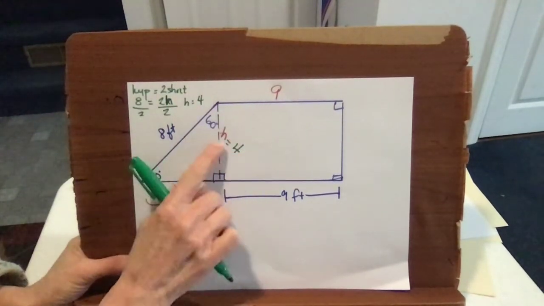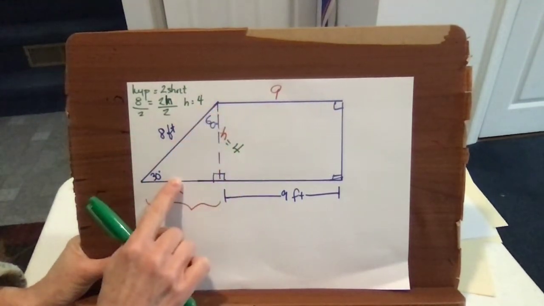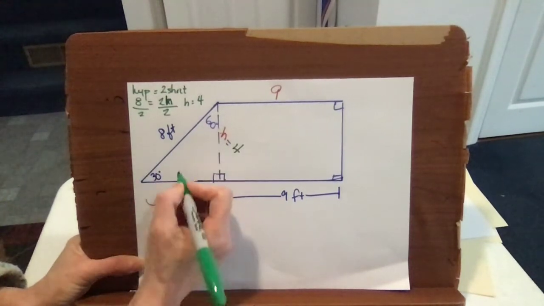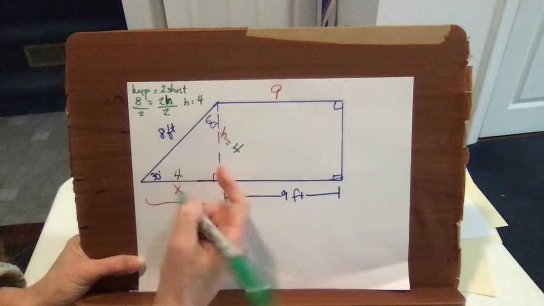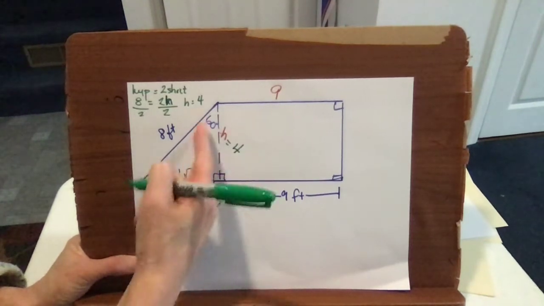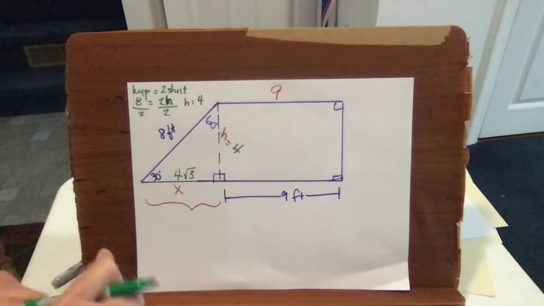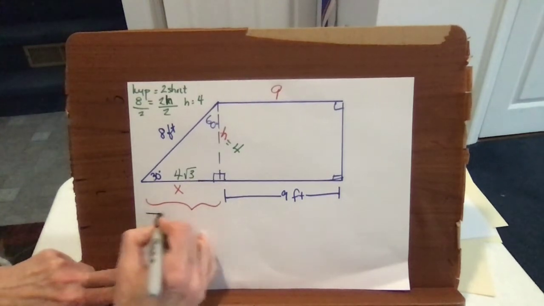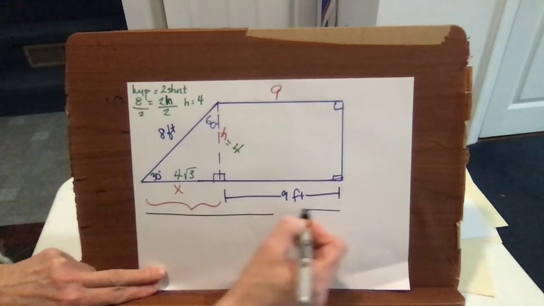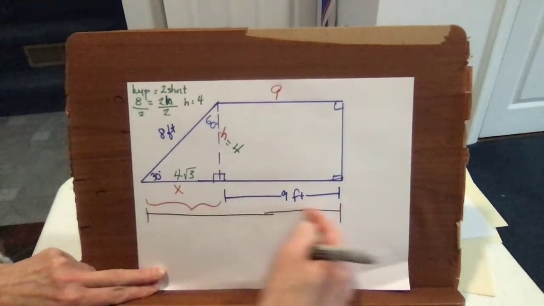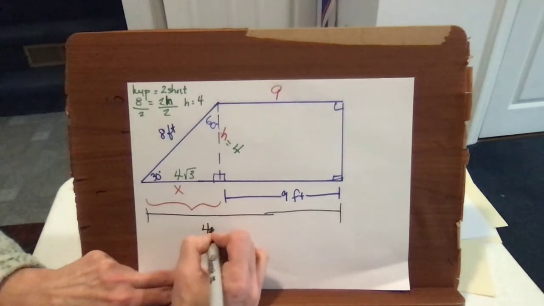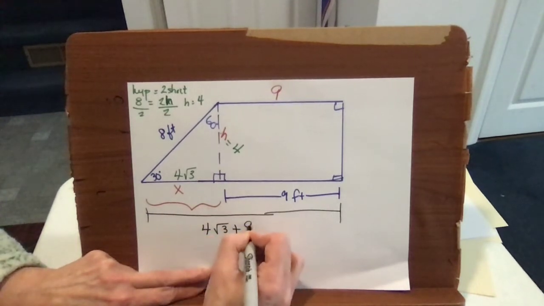So now from here, opposite the 60-degree angle is the long leg, and we know that we take 4, which is our short leg, times root 3, and we'll get our long leg. Now comes the tricky part. This whole length from here to here of our trapezoid base is now 4 root 3 plus 9.